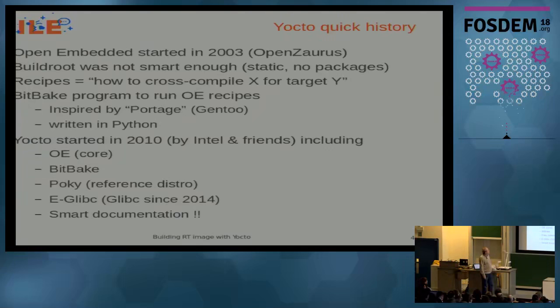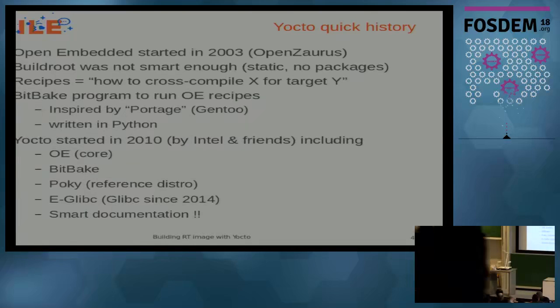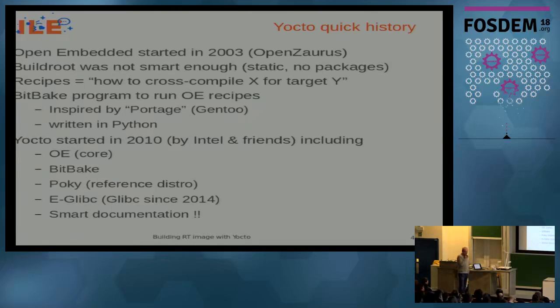And the Yocto project itself started in 2010 by Intel with Open Embedded, including lots of projects: BitBake, the Poky reference distro, and a very good documentation, which was not the case before. Before Yocto, there was no documentation. The documentation for Open Embedded was everywhere. So now there is a very nice book with 400 pages and lots of books around the project.